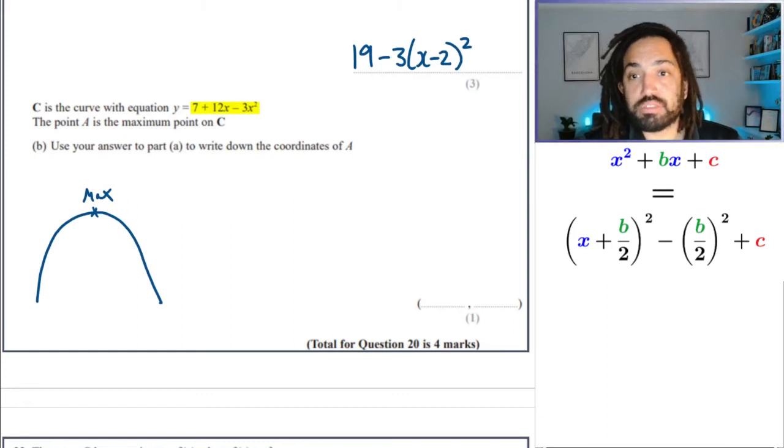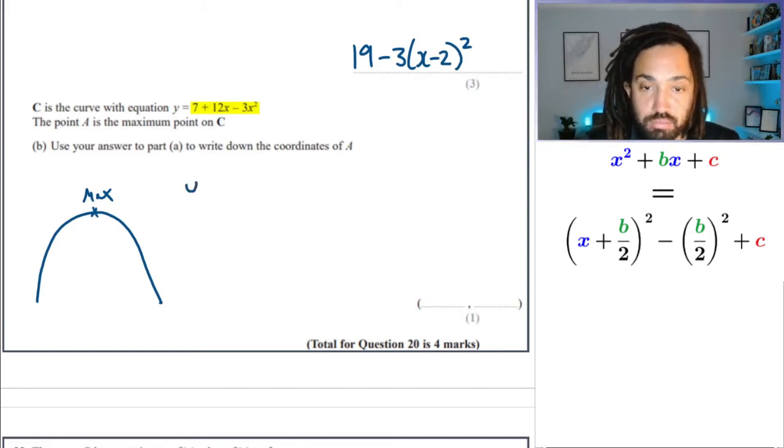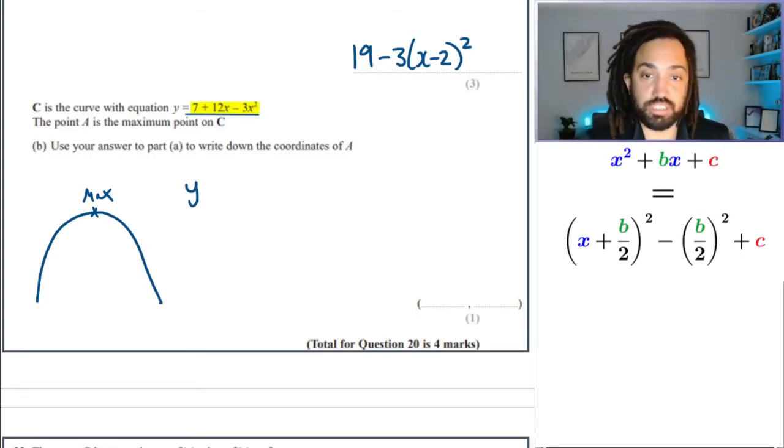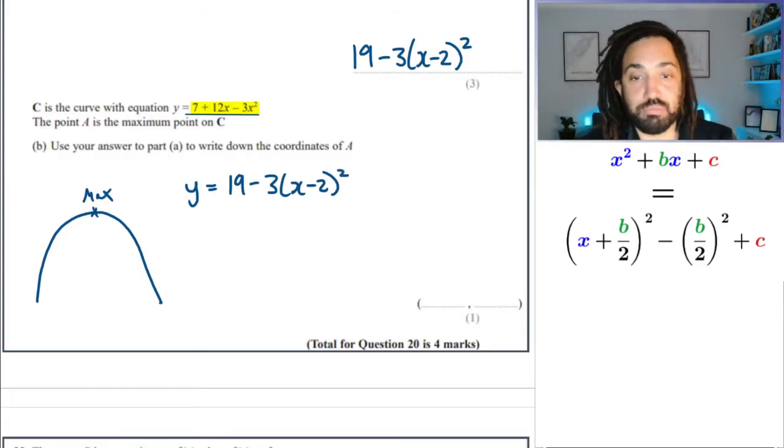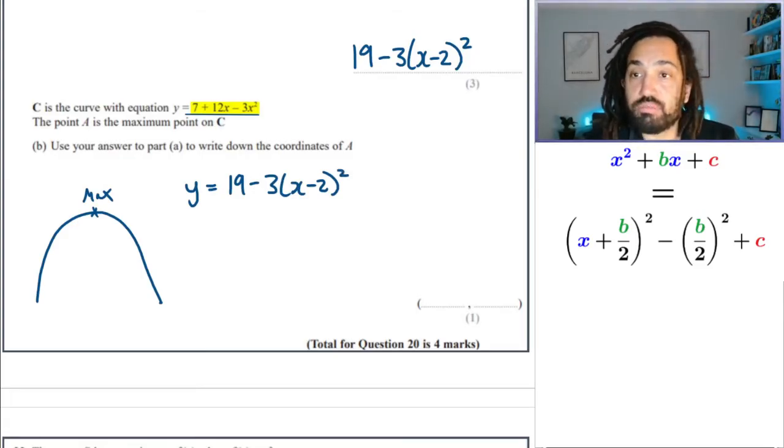Now, when it's written like this, not much chance of working out what the maximum point is just by looking at it. But if it's in completed the square form, then it is easy to work out where the maximum point is.